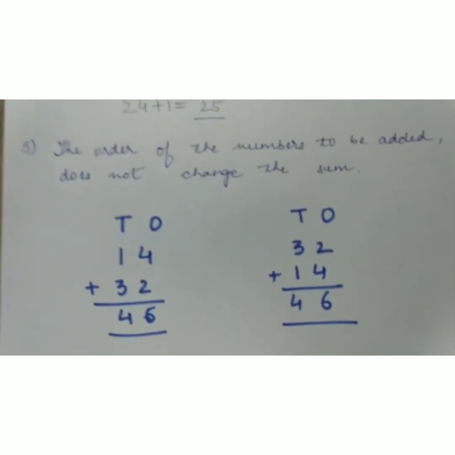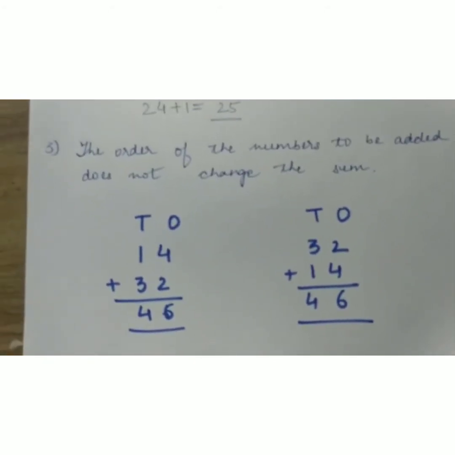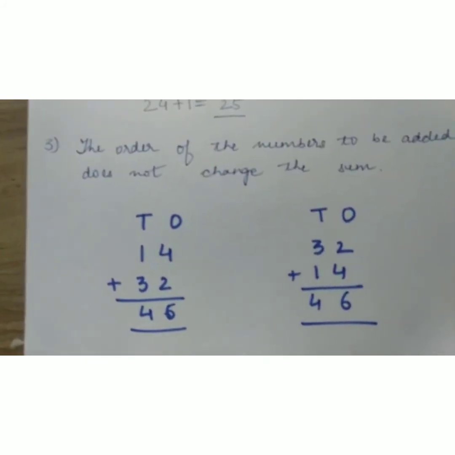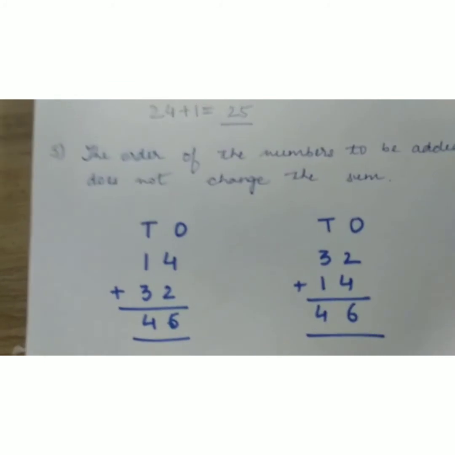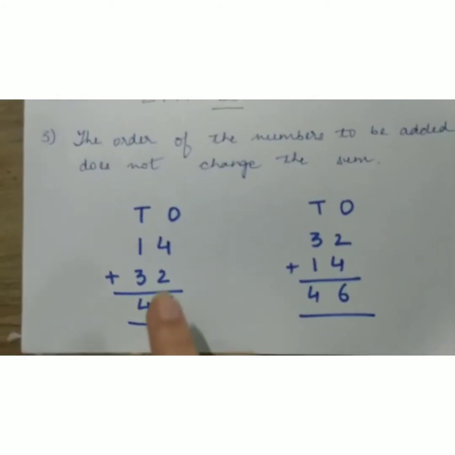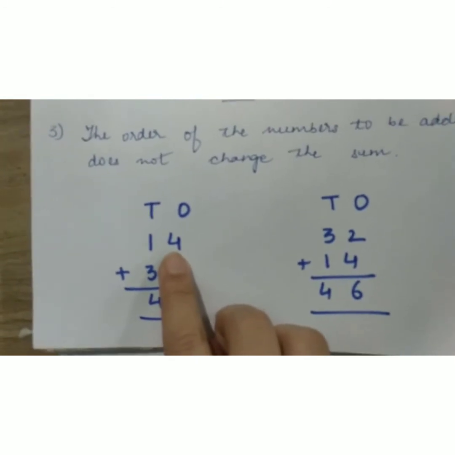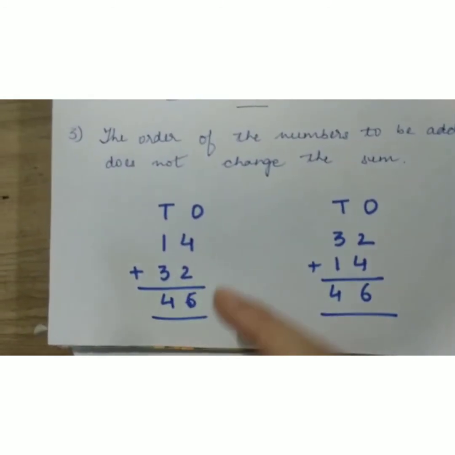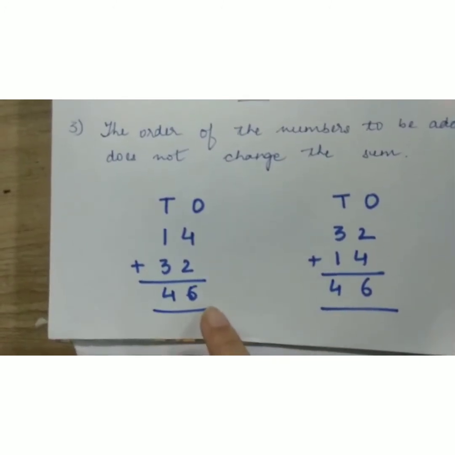Okay, children, our last rule is that the order of the numbers to be added does not change the sum. Like, if our first addend here is 14 and the second addend is 32, the sum is 46.